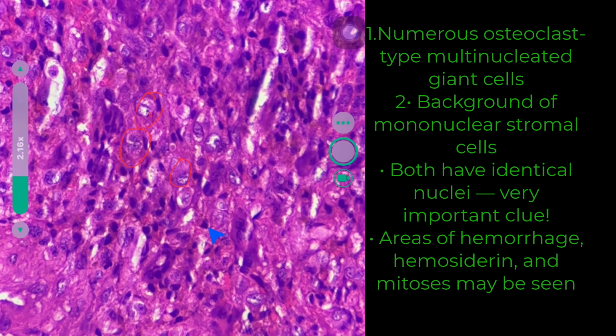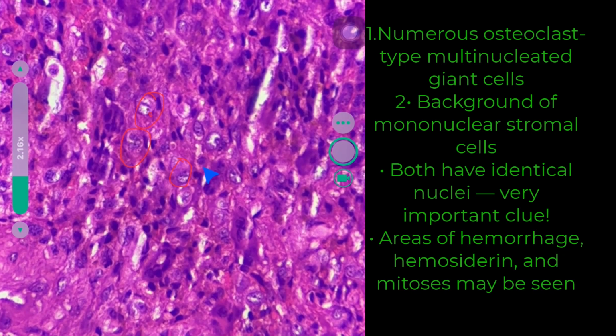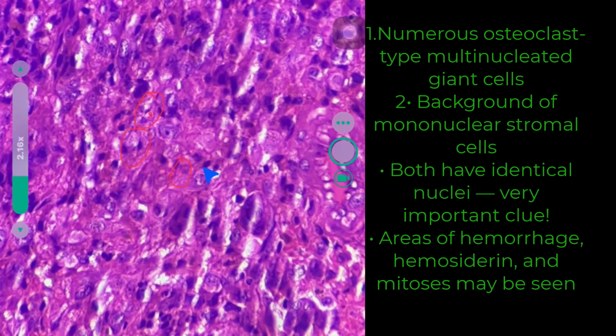The cytoplasm is moderate, pale eosinophilic, and they are arranged either in diffuse sheets or in a short fascicle pattern, and mild atypia is visible. Here you can see these mononuclear neoplastic cells, and mitosis is sometimes present. The key point is that these are the neoplastic cells driving the lesion, not the giant cells.